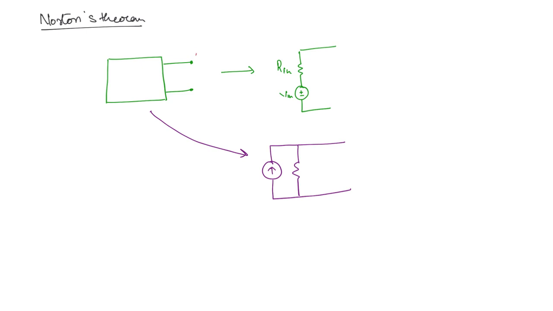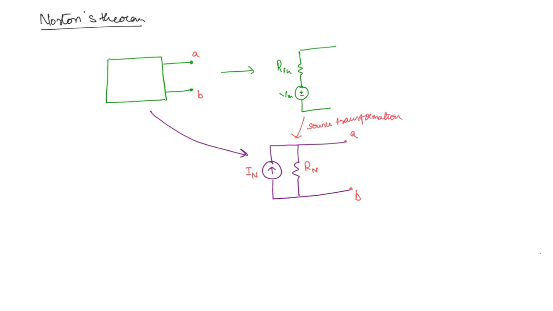That means if you have A and B terminals, then here there are going to be A and B. Now how to find out this Norton's resistance and the value of this current source, which is represented by IN? N means Norton. If you find out the Thevenin's equivalent, then from here you can source transform and directly get the Norton's equivalent, right? So this you can get via source transformation.